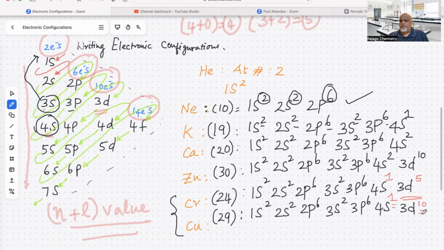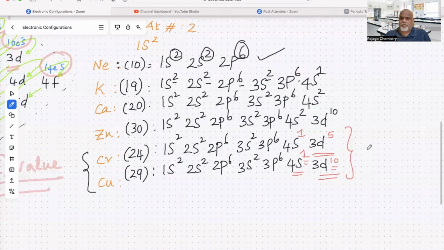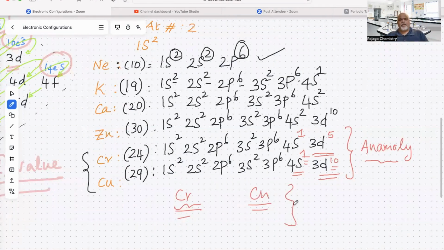So same thing, it's going to fill the entire d orbital and it's going to give half to 4s. Some anomalies are there in the periodic table. These two are anomalies. The rest of them are going to be fine. The elements below chromium and below copper behave a little bit bizarrely in the electronic configuration.